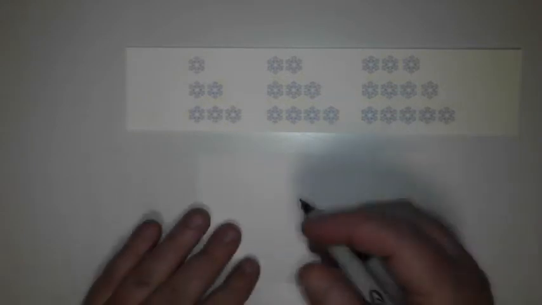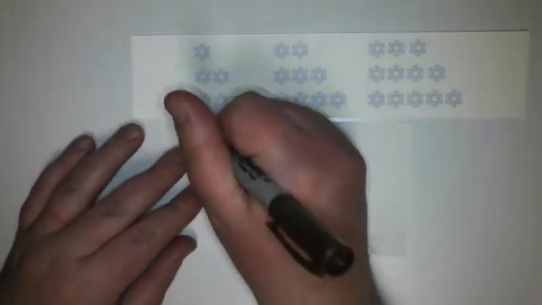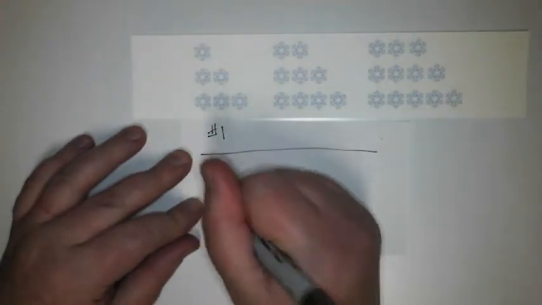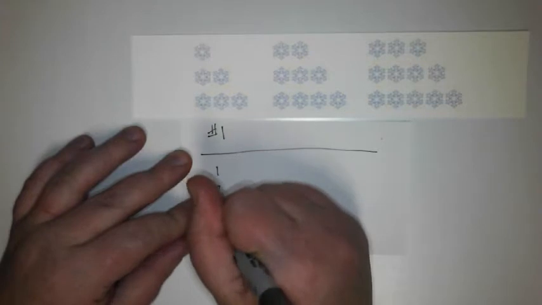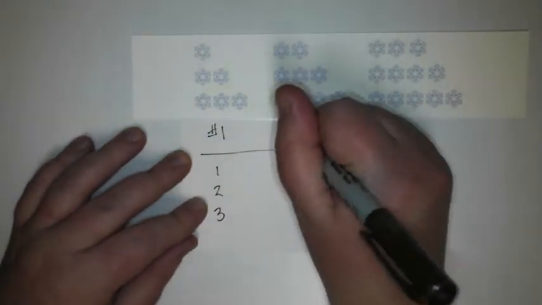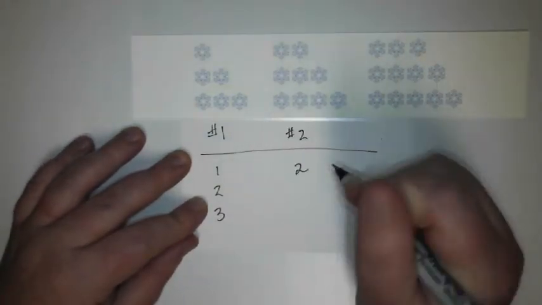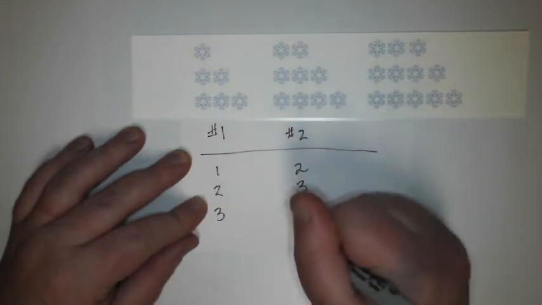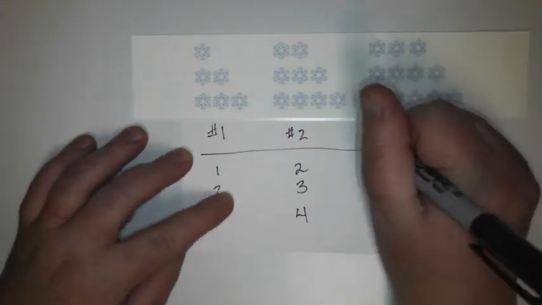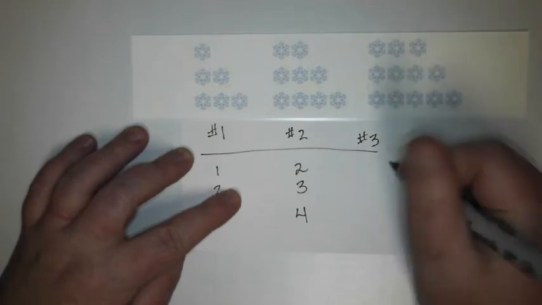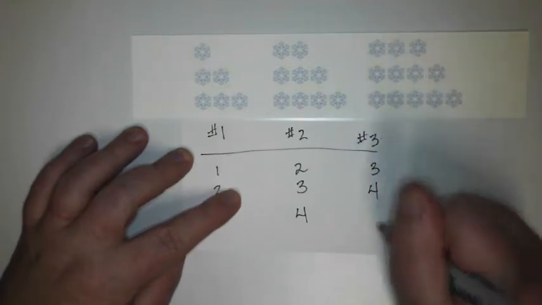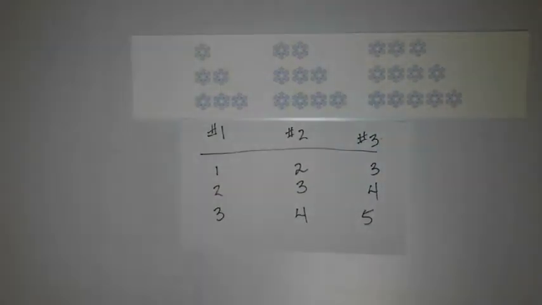Now in picture 1, I have 1 snowflake, two snowflakes and then three snowflakes. In picture 2, I've got then 2 snowflakes, 3 snowflakes, 4 snowflakes. In the third picture, I have 3 snowflakes, 4 snowflakes, 5 snowflakes.